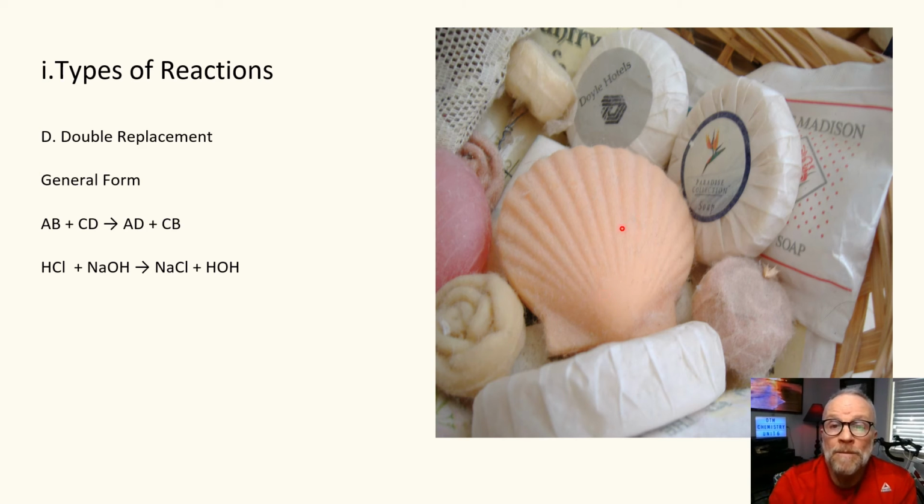We have here a picture of soap, and soap is made from chemical reactions. Back in the olden days, your grandparents, or maybe your great-grandparents now, would have mixed the fatty acid from their animals that they harvested with lye, which is a strong base, and they would make soap out of that, lye soap.